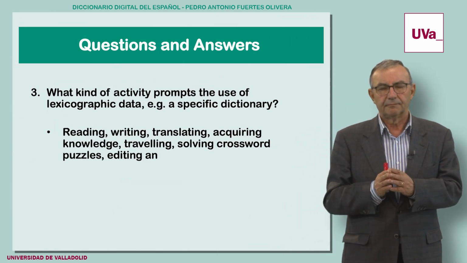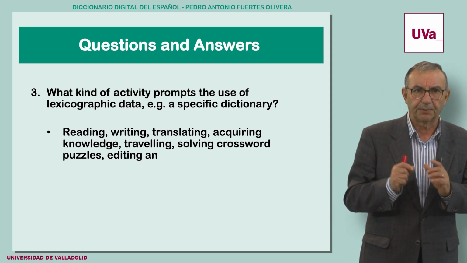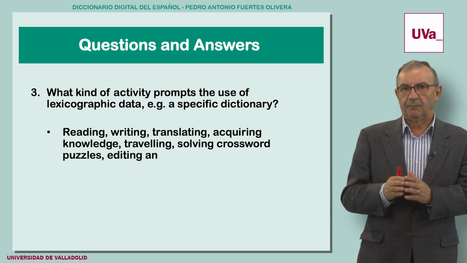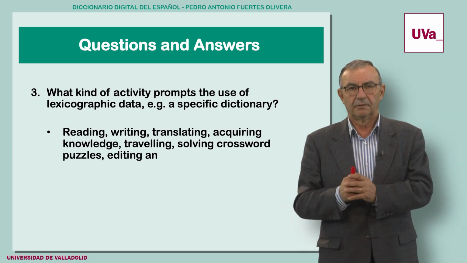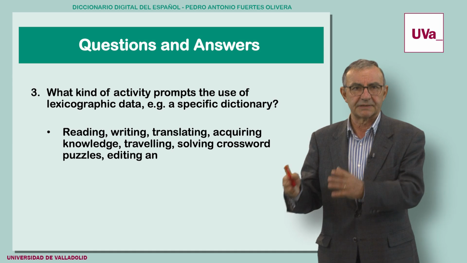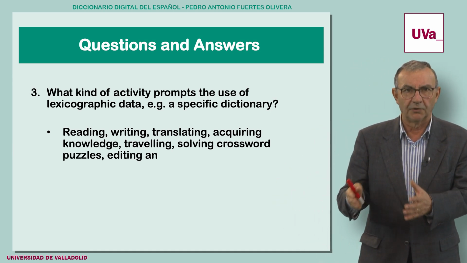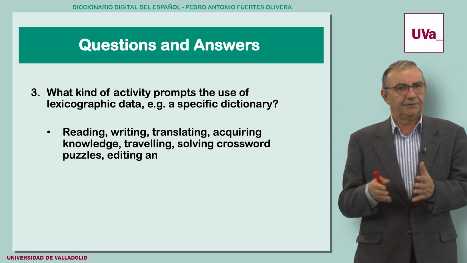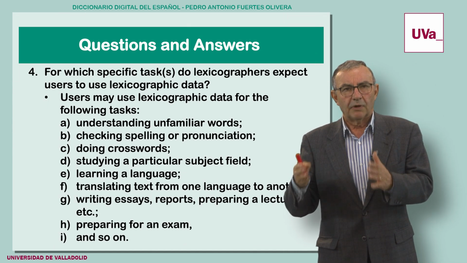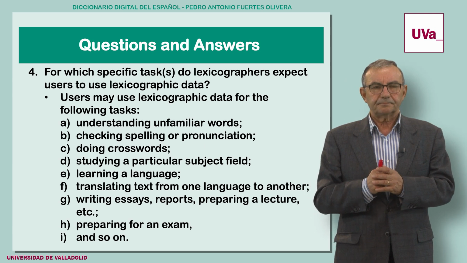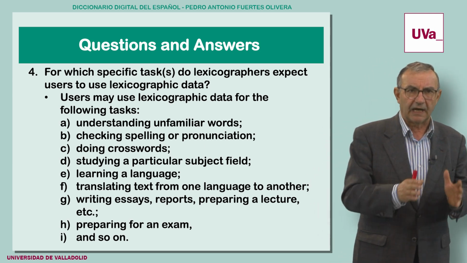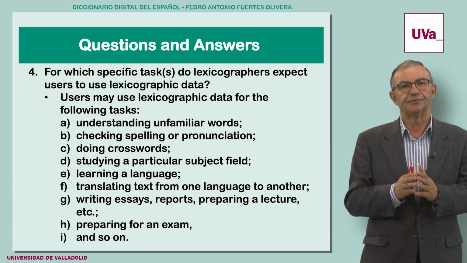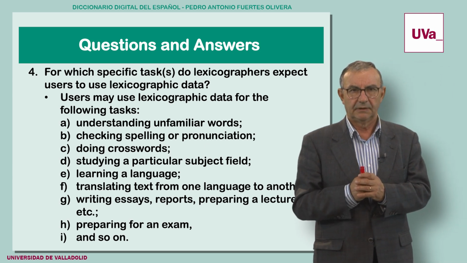Question number 3. What kind of activity prompts the use of lexicographic data? For example, we need them for reading, or for writing, or for translating, or for acquiring knowledge, traveling, solving crossword, etc. Question number 4. For which specific tasks do lexicographers expect users to use lexicographic data?